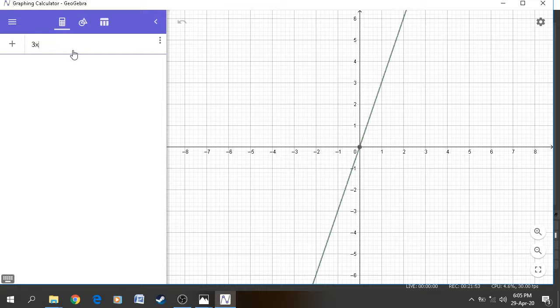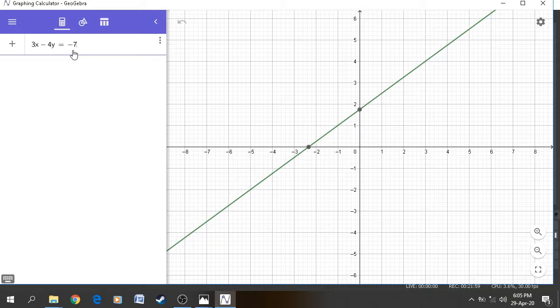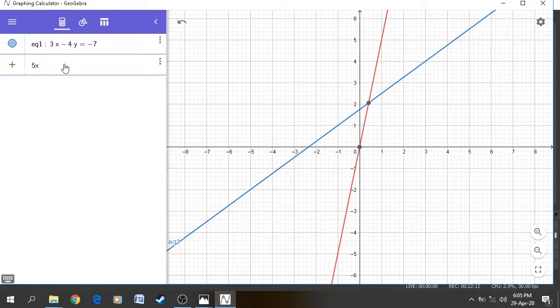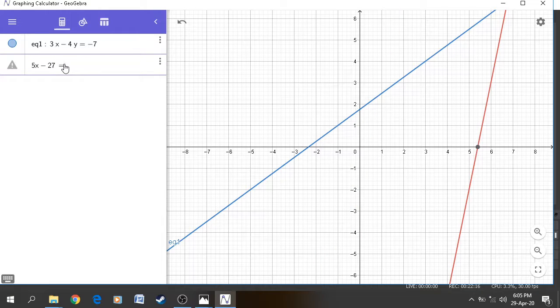3x minus 4y is equal to minus 7. This is the line we are getting. Question number 2 is 5x minus 2y is equal to 0.